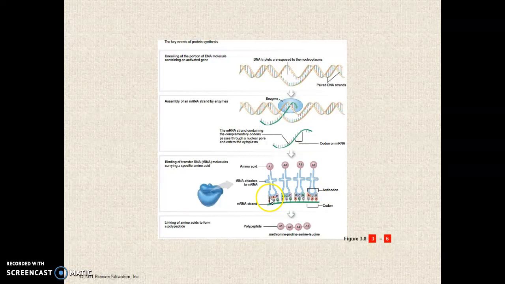Here the anticodon is UAC that will bind to the codon of the messenger RNA. AUG is complementary binding, and it will bring over the correct amino acid. So each transfer RNA brings over an amino acid. The peptide bond forms between each amino acid, and you have the formation of a polypeptide.